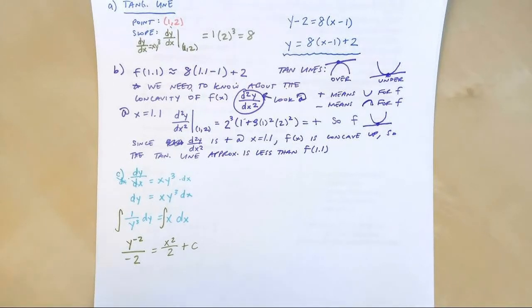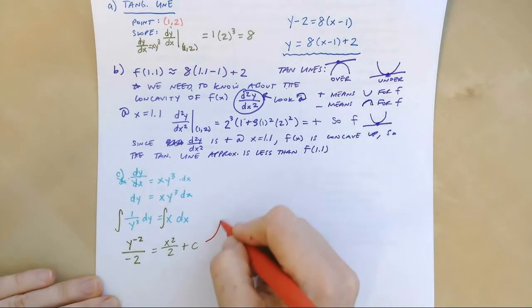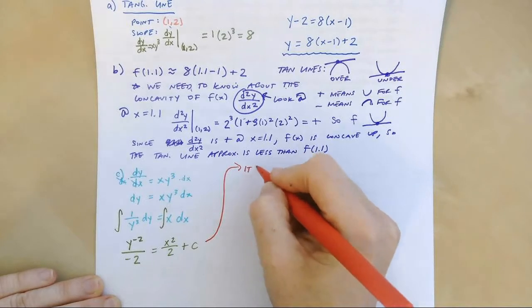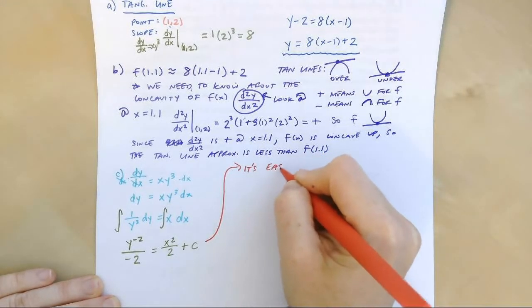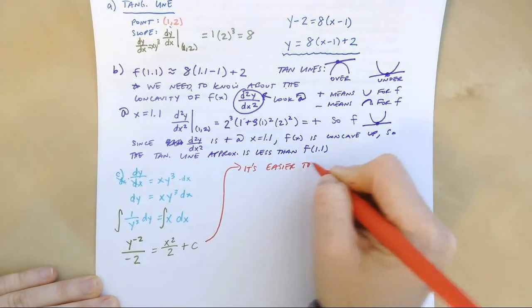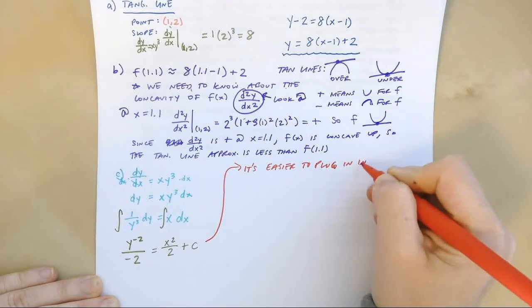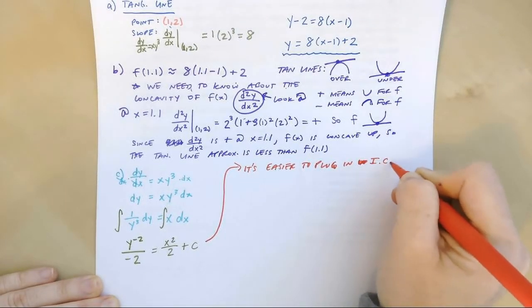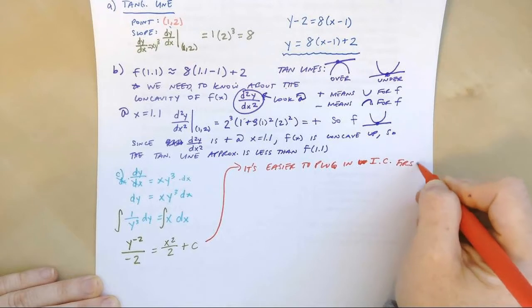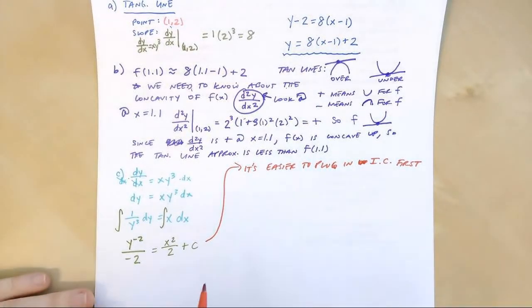So here, I'm going to show you why it would actually benefit us to plug in our initial condition here. It's easier to plug in the initial condition, IC, first, before isolating y.